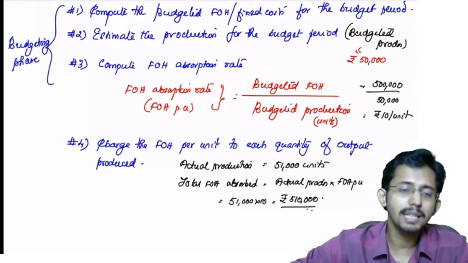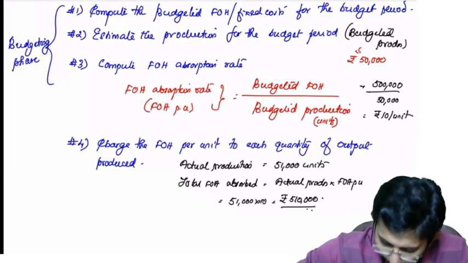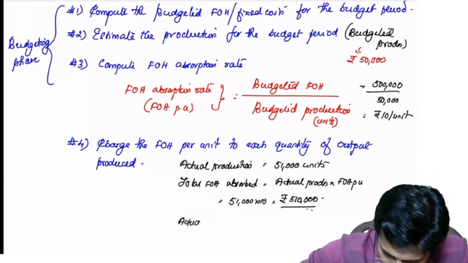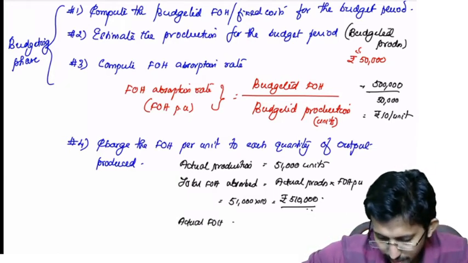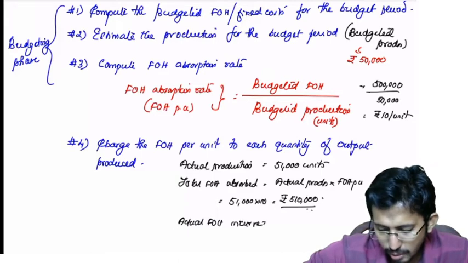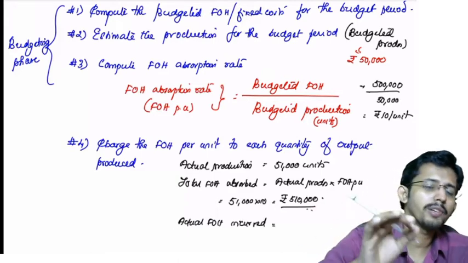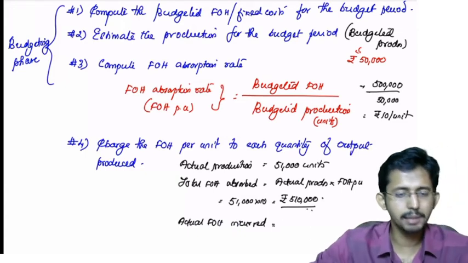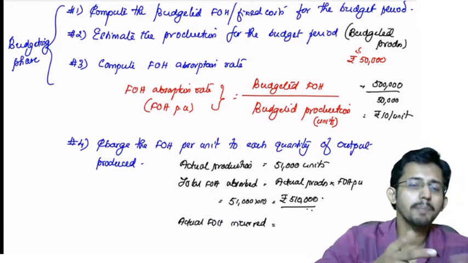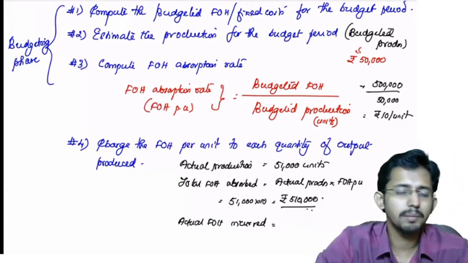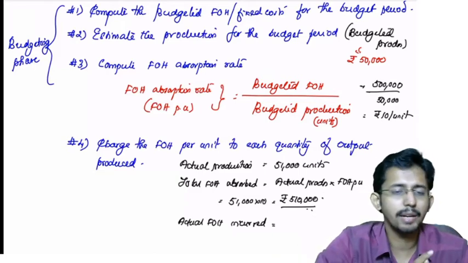Then you have something else also. What? Actual FOH incurred. This actual FOH means the total fixed overhead actually you paid. You estimated a rent of, let us say, 1 lakh per month for a particular machinery, or for all the machineries we are hiring, or for the building, everything together.